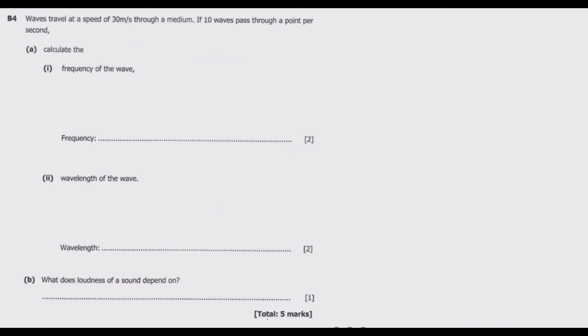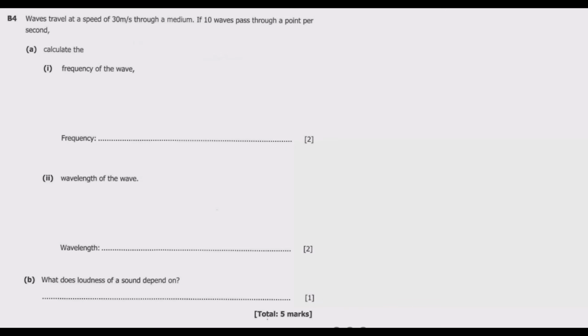Let us look at question B4. Waves travel at a speed of 30 meters per second through a medium. If 10 waves pass through a point per second, calculate (i) the frequency of the wave. So basically, what is frequency?